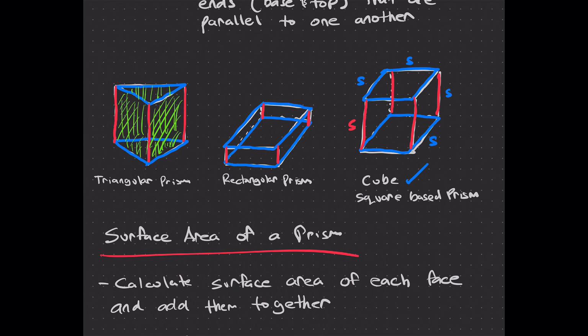So when we look at the triangular base prism, it has a base, a top, and then three sides. The rectangular prism and the cubes all have a base, a top, and four sides. So basically we just need to be able to calculate the area of each one of those sides and then add them all together.